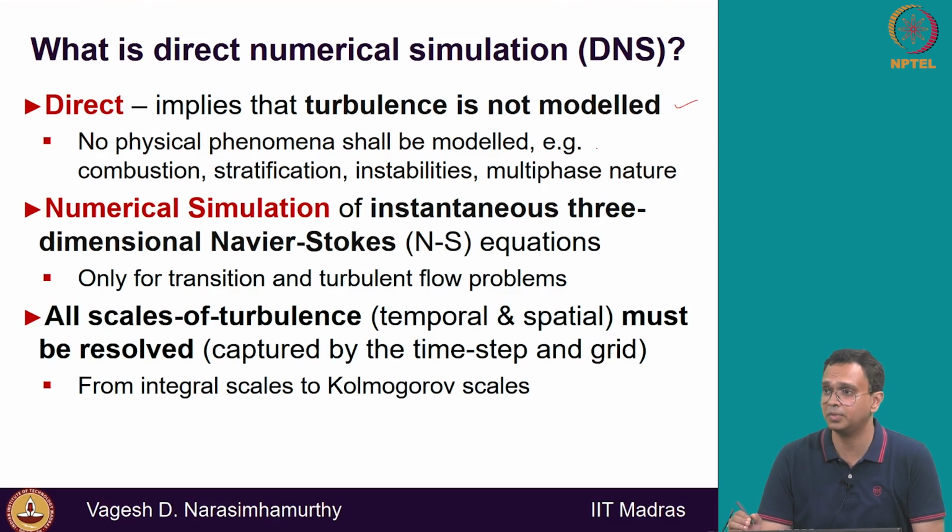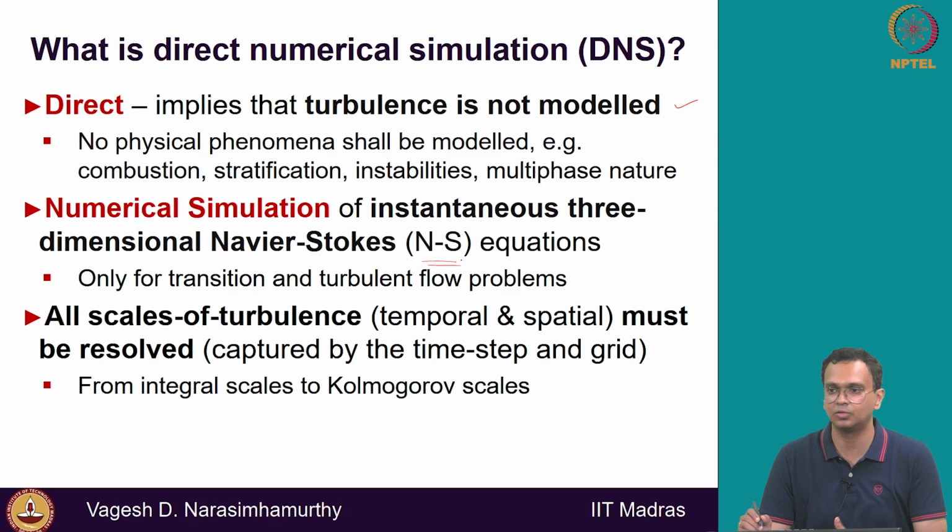Then the numerical simulation: it's not like numerically simulating any other equation. It has to be the Navier-Stokes equations, the numerical simulation of instantaneous, that is unsteady, three-dimensional Navier-Stokes equations. That means the full Navier-Stokes equations have to be solved numerically without dropping the unsteady term, without dropping some direction.